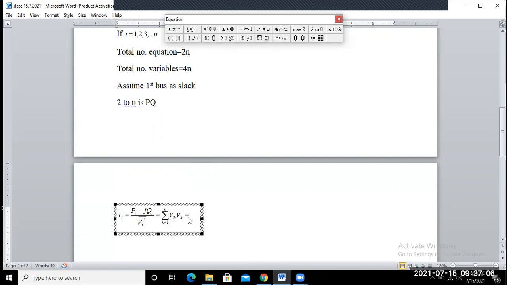Or maybe written as, if you put k equal to I, YII VI. We try to find VI, so just convert this equation in terms of VI.